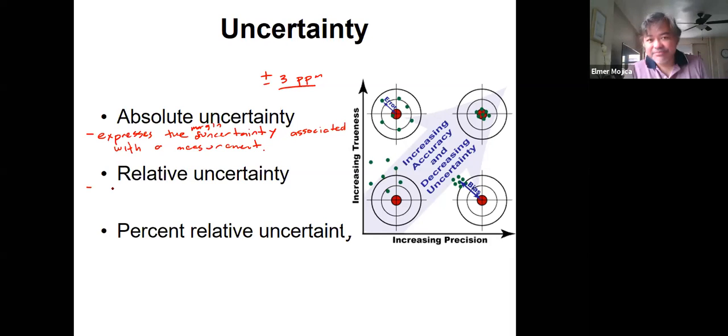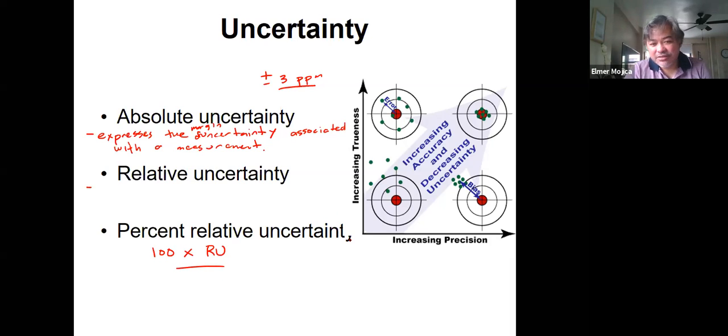So what happened? Relative uncertainty is fixed, but the absolute uncertainty will go up or down based on the value of the measurement. Okay? And percent relative uncertainty is just 100 times the relative uncertainty.